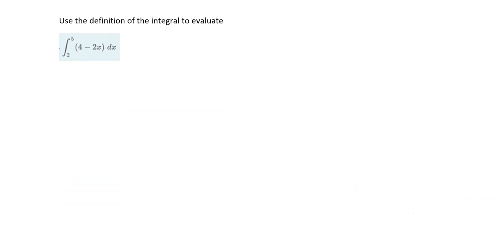So let's use our definition to evaluate this integral, and we need to be careful about this, okay? So our definition says we want the limit as n approaches infinity of the sum from i equals 1 to n of 4 minus 2 x sub i times delta x.